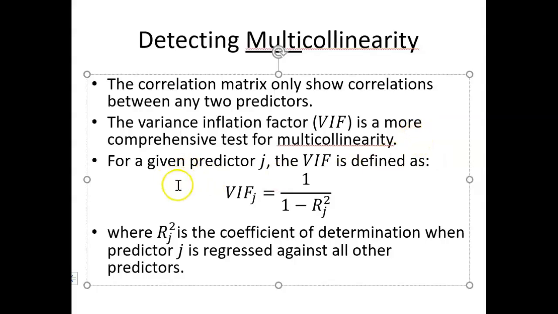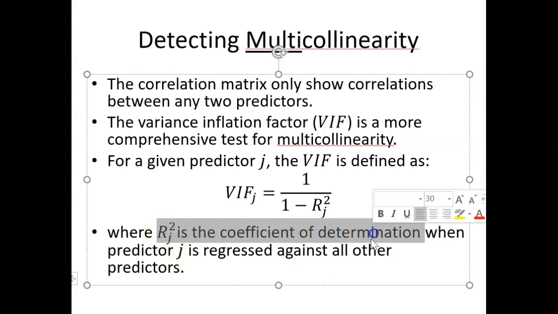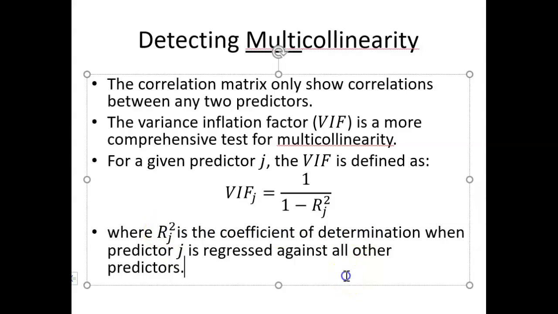The variance inflation factor statistic, for any predictor j, is unique for each predictor in your regression model. The variance inflation factor is equal to 1 divided by 1 minus R squared sub j, where R squared sub j is the coefficient of determination, the R squared value, when predictor j is regressed against all other predictors.